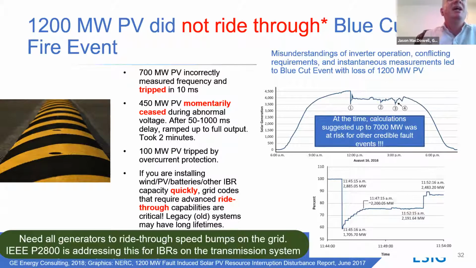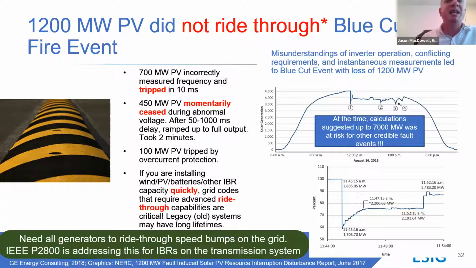However, these resources momentarily ceased, i.e. they stopped injecting power for a short amount of time while that fault happened. And after the fault cleared, sometime later, they picked back up again. They woke up and they came back online.